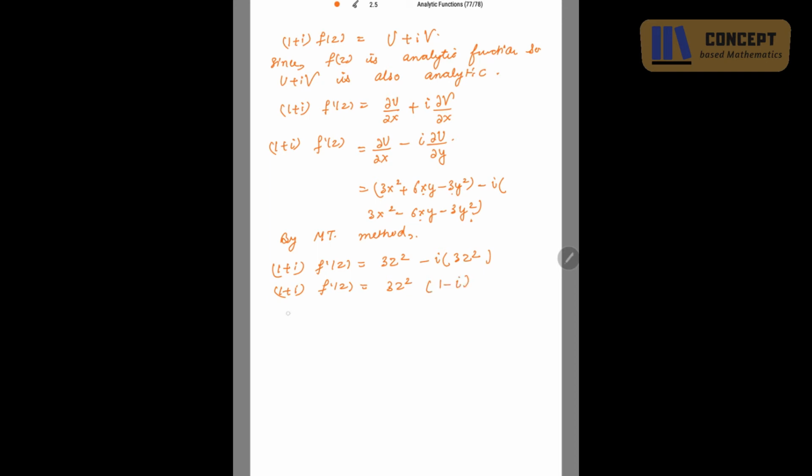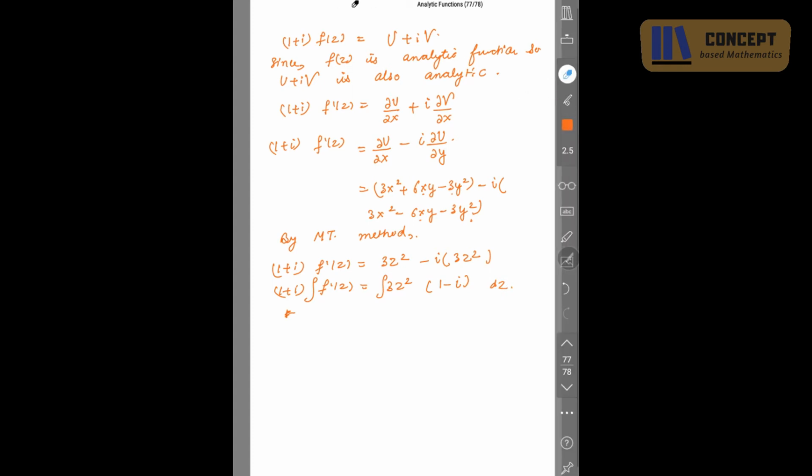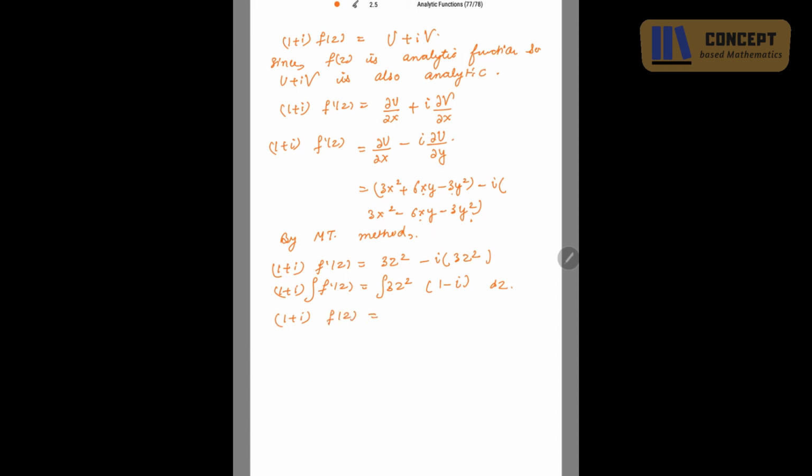So on integration, we integrate. (1 plus iota) f of z is equal to z cube (1 minus iota) plus constant.